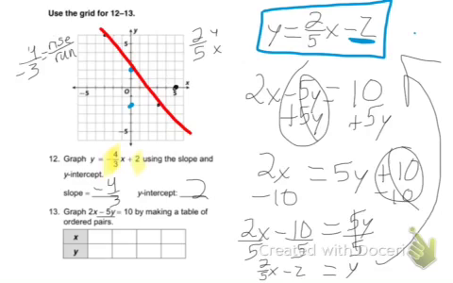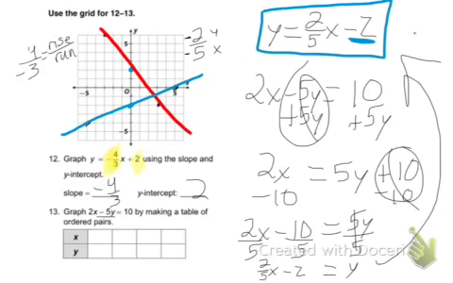There's the point there. To go the other direction, these are both positive, so we need to keep them with the same sign. We go down 2 and to the left 5. So this line looks like that.